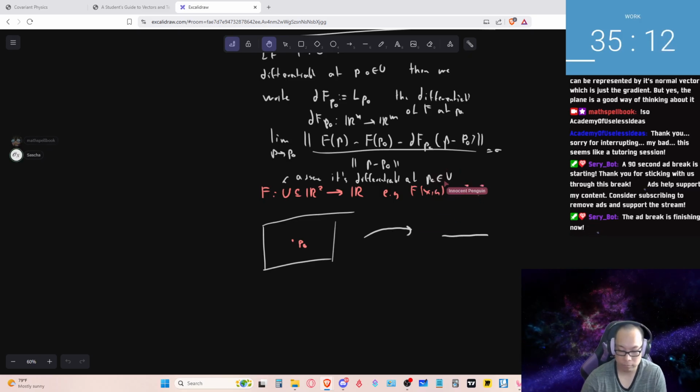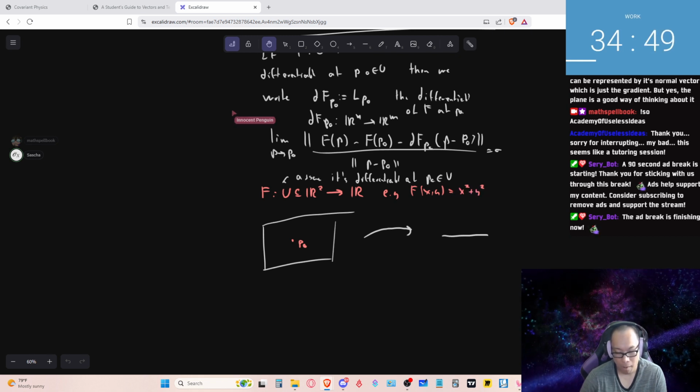Now, I told you something very important about the one-dimensional case, which is different in higher dimension. In the one-dimensional case, we have only one direction. We can only move along the x-axis, either to the positive or negative, but if the function is differentiable, it does not change much going to the positive and negative side.